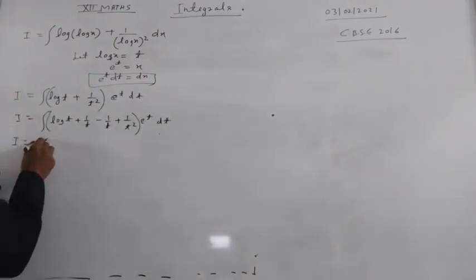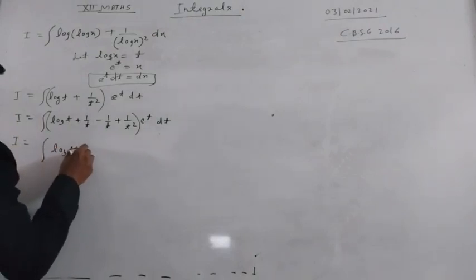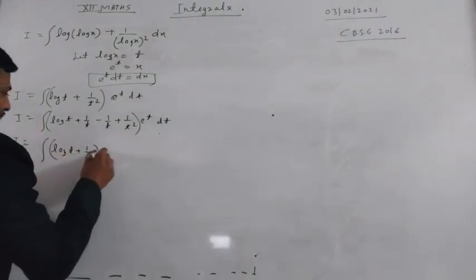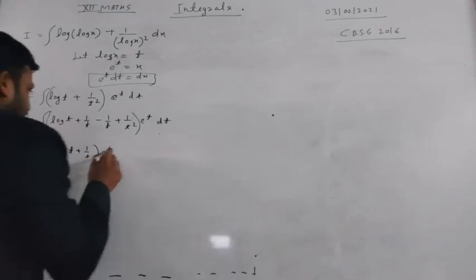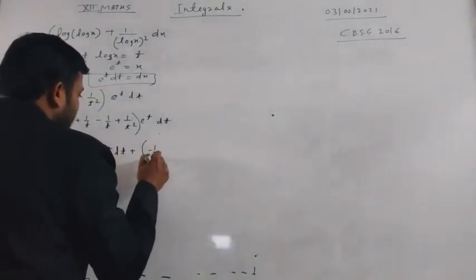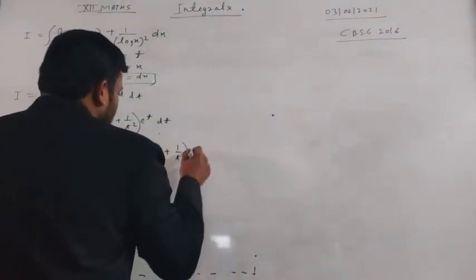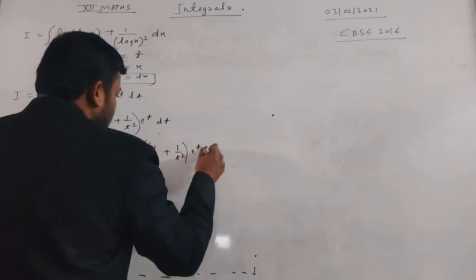Now we are separating this. We write the integral of (log t plus 1 by t) e to the power t dt, plus the integral of (minus 1 by t plus 1 by t square) e to the power t dt.